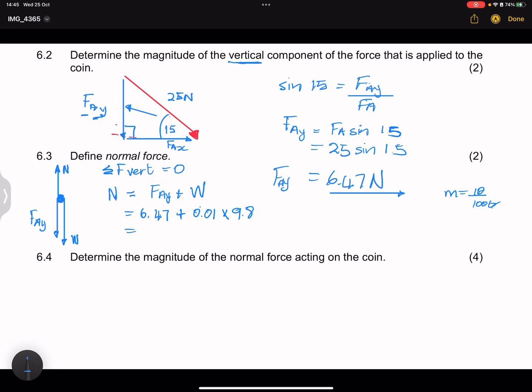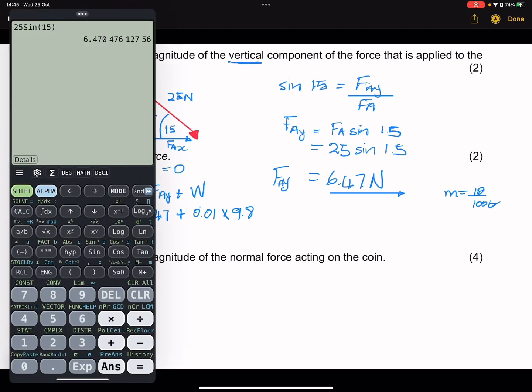Okay, so what would be the value of our normal force in that case? Okay, let's calculate it. That's 6.47 plus 0.01 times 9.8. Okay, so that gives me 6.57.